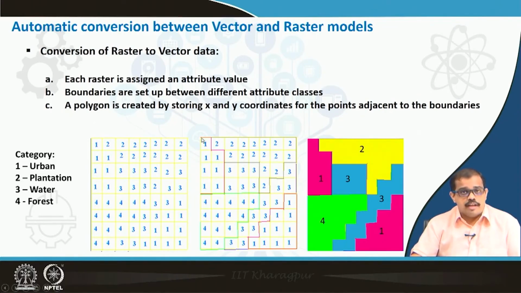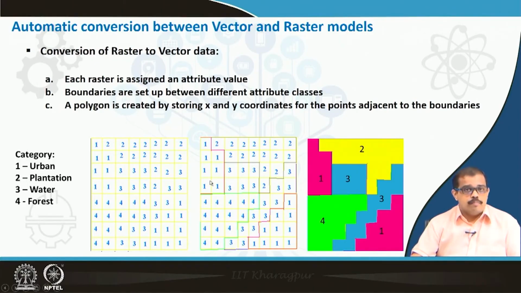All of these polylines will be set up as a boundary only where you have similar information. Let us say all of these are 1s. This polyline could have been drawn something like this, but there is a set of 1s here and a set of 1s here. Both of these will belong to the same vector entity, which is urban.